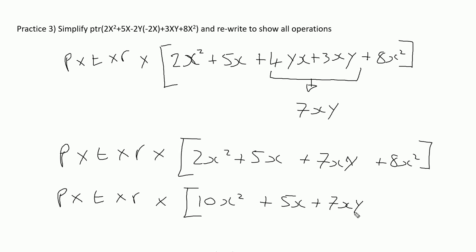Now this would be far enough in this question, but if you wanted to be explicit, you could of course say that this x squared is also x times x, and you could also write this as 7 times x times y, and this as 5 times x, if you wanted to write every operation.